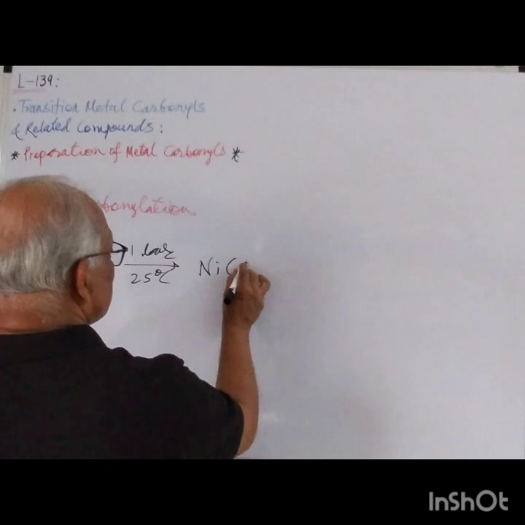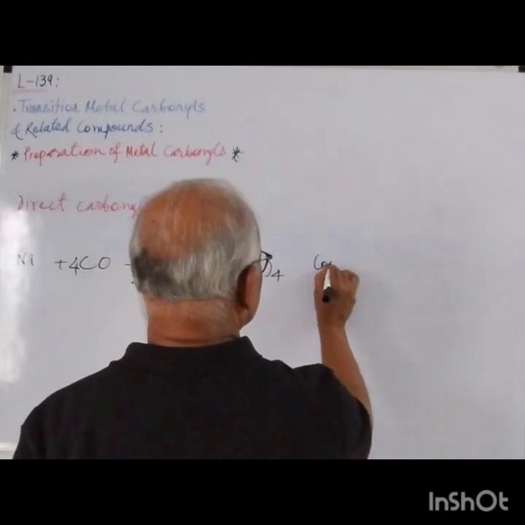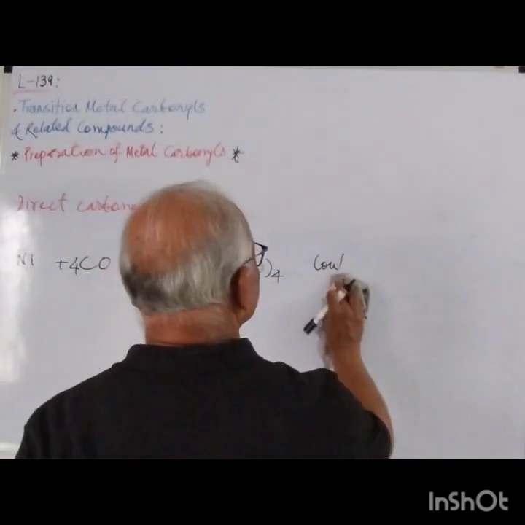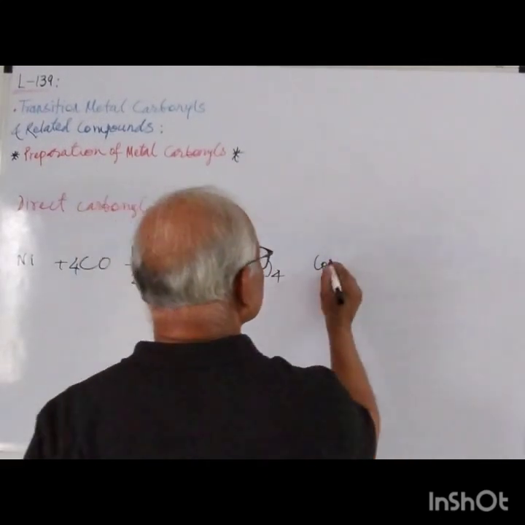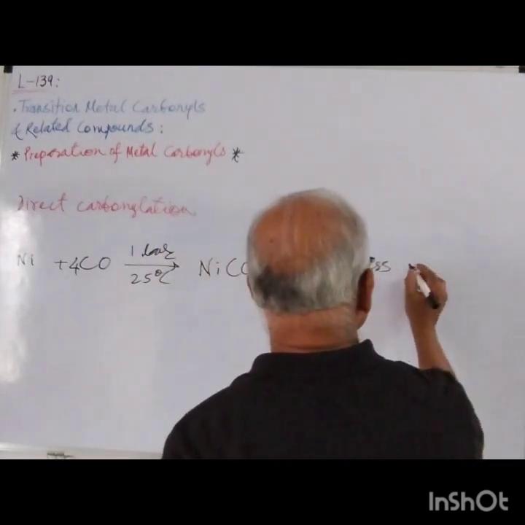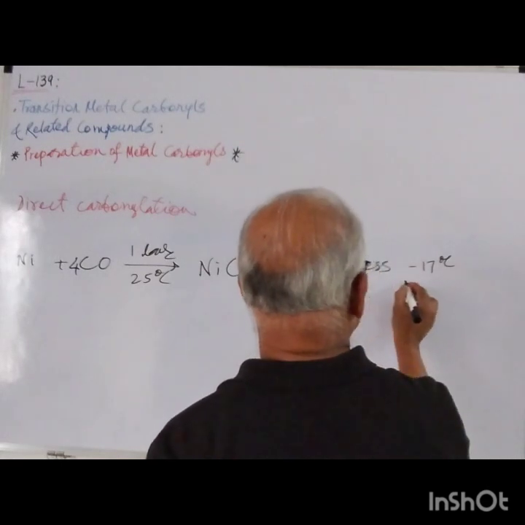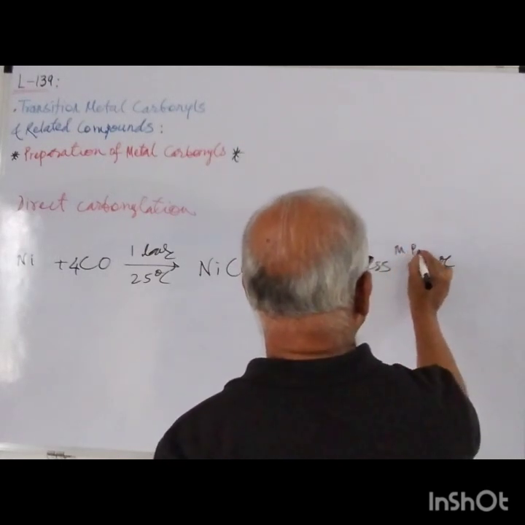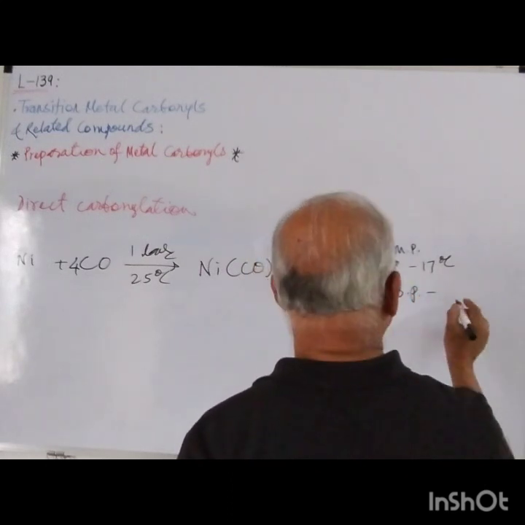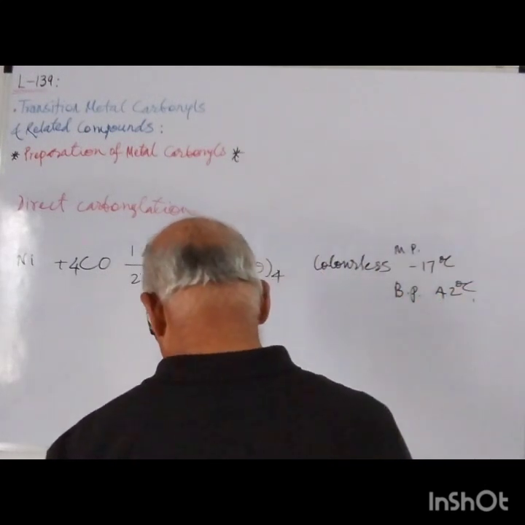So we get Ni(CO)4. So this is colorless and it has melting point minus 17 degrees centigrade and boiling point 42 degrees centigrade.